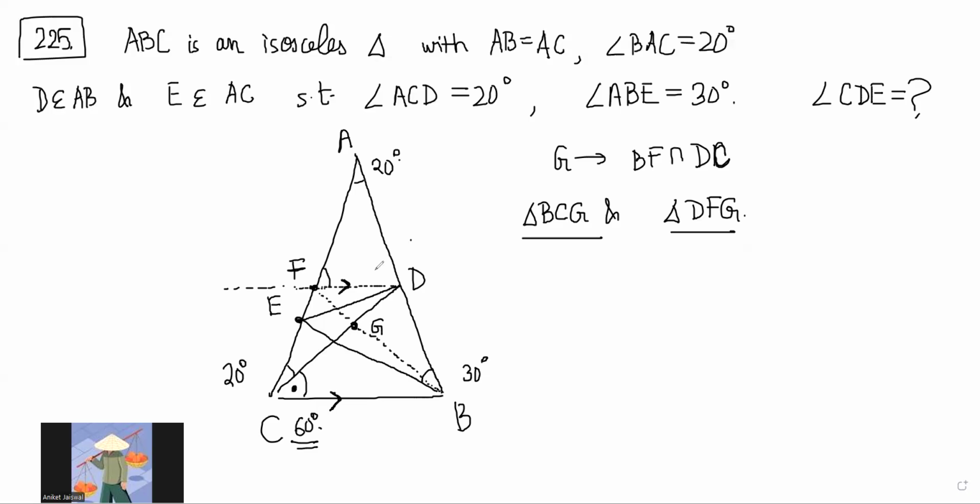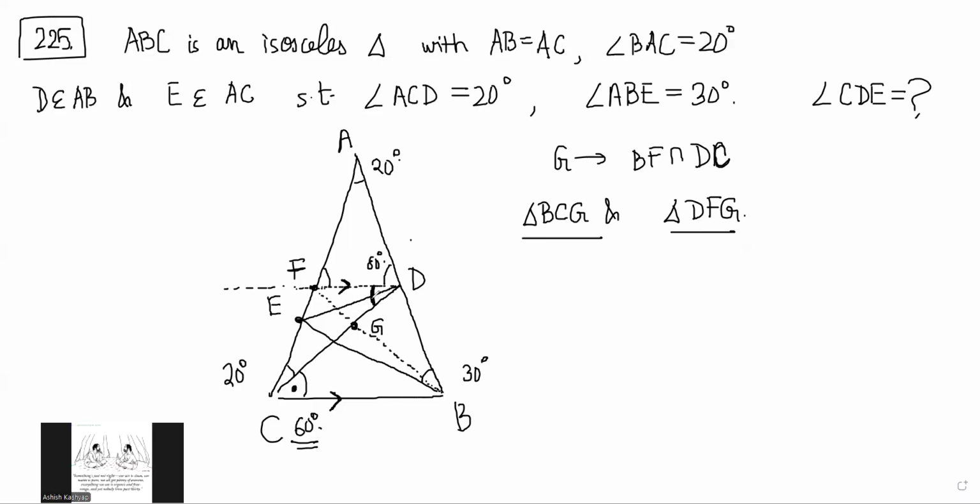So if that is 80, then in triangle FCD, angle FCD plus angle FDC is 80, external angle, therefore this angle becomes 60, right?